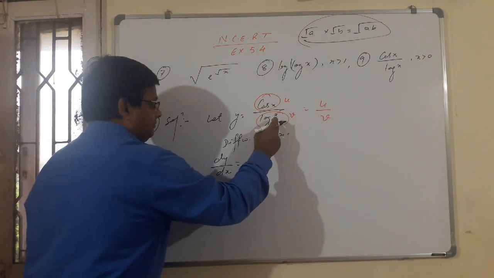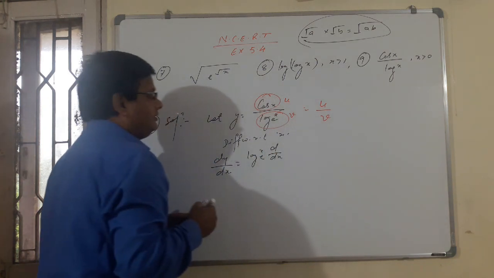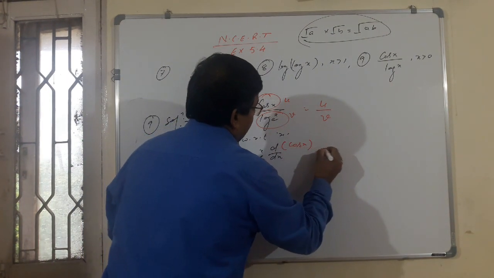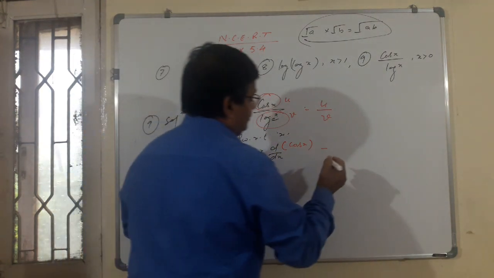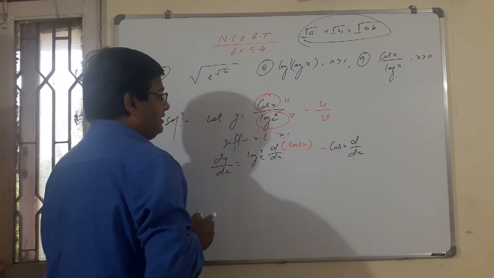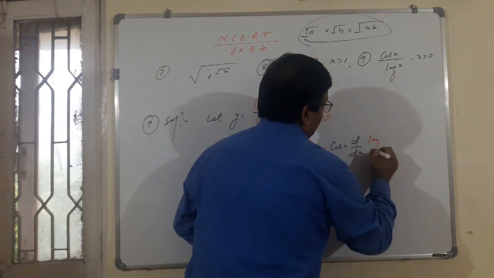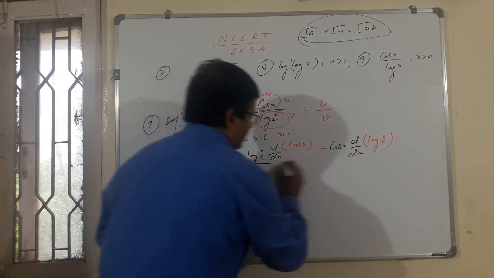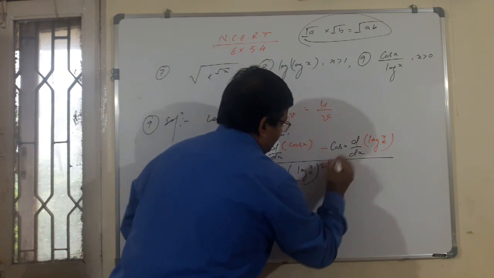V is log x to the base e. Differentiation of cos x, minus according to the rule, now u constant. U is cos x, differentiation of v, divided by v square, the denominator squared, meaning log x to the base e whole square.